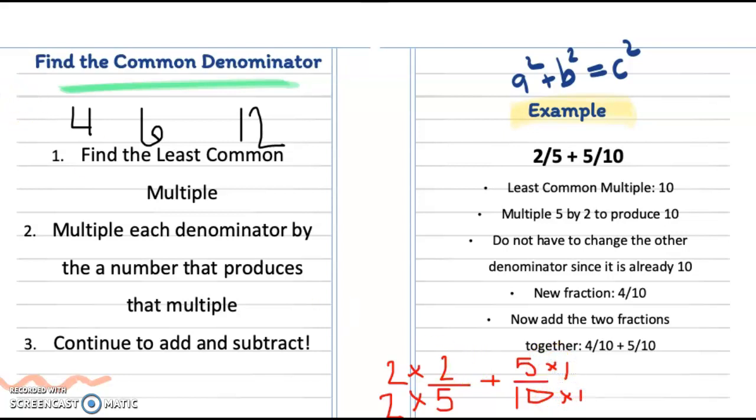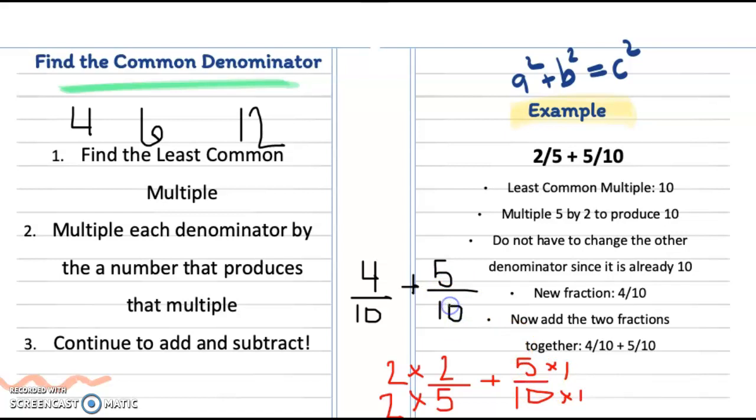So let me do it in a different color. Now we have 2 times 2, which gives us 4, over 2 times 5, which gives us 10, and then plus 5 times 1, which is just 5, over 10 times 1, which is 10.